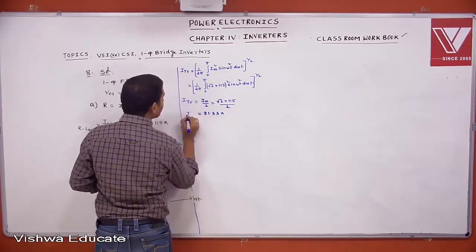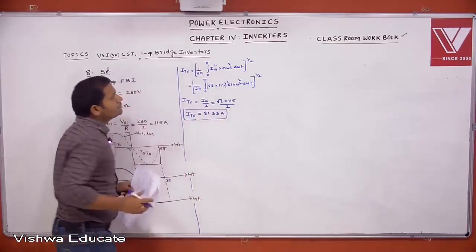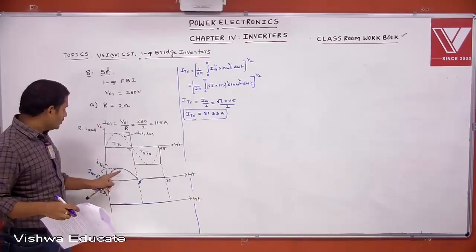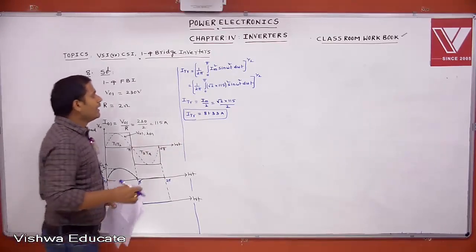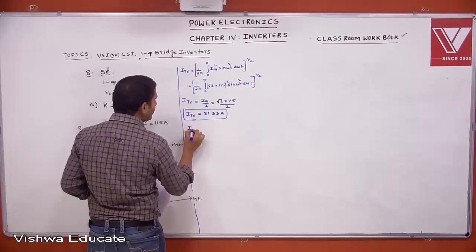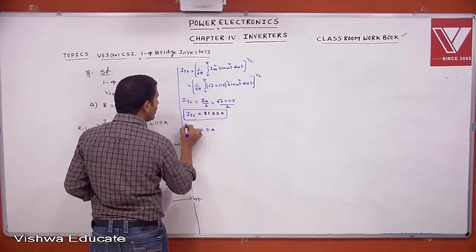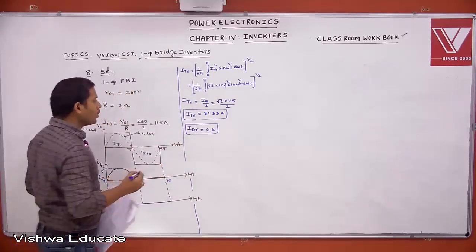This is the RMS thyristor current. Directly also you can write it because it is a half wave rectifier output. RMS thyristor current equal to Im by 2 directly, 81.33 amperes. Next, what is the RMS diode current? RMS diode current equal to 0 amperes because for R load, feedback diodes cannot work.